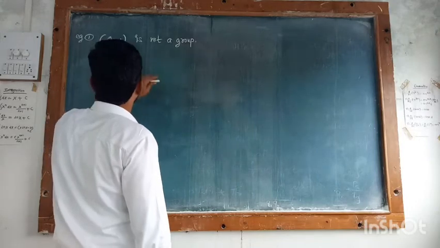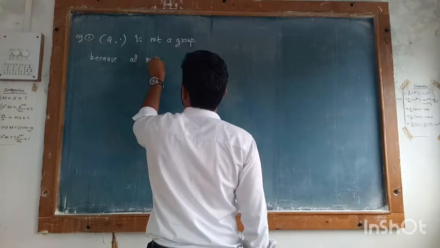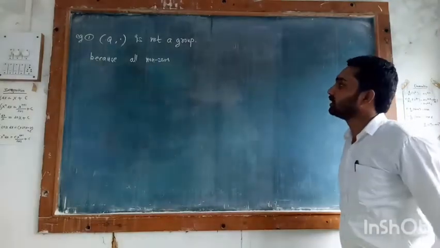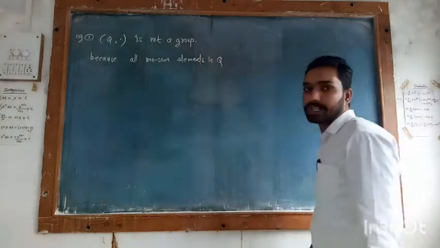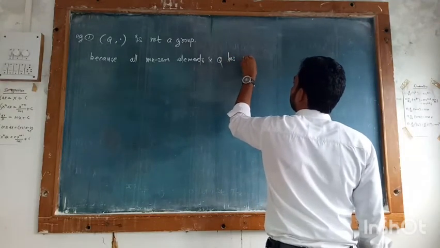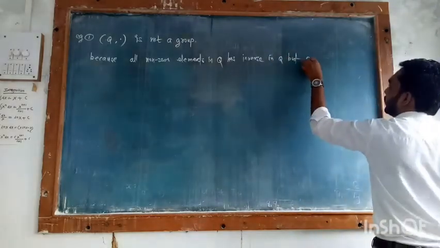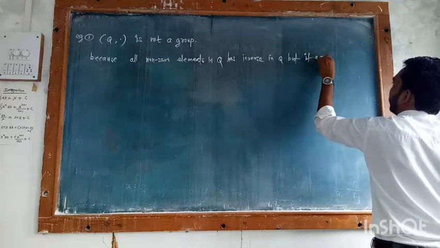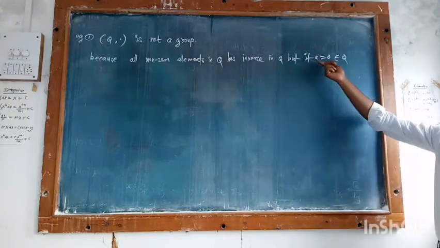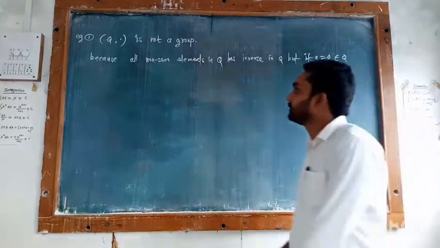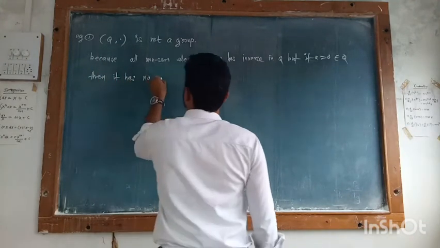Why? Because all non-zero elements in Q, that is the set of rational numbers, have an inverse in Q, but if a equal to 0, which is a member of the rational numbers, then it has no inverse.